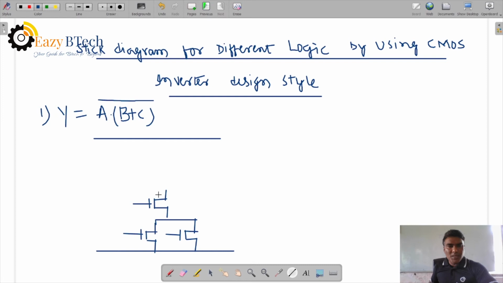A is here in series, now A is parallel. B and C, here parallel, now B and C are in series. Now A is in parallel with B plus C, which was parallel, now it will be series, right? This is a complementary PMOS transistor.